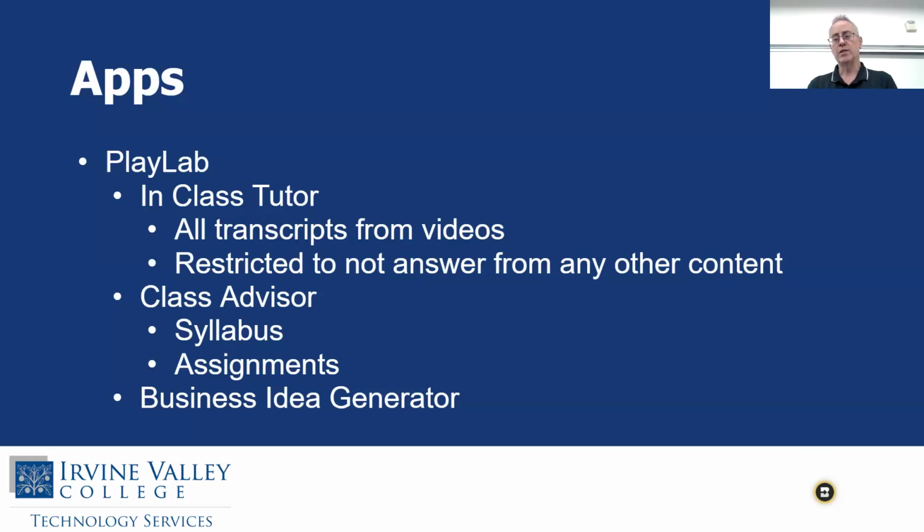With PlayLab, in the course navigation, I used the redirect tool and gave it the link to each of the PlayLab apps, named it, for instance, in-class tutor. They click on that and it opens up in PlayLab. Same with the business idea generator. That's how I put it in Canvas right now.